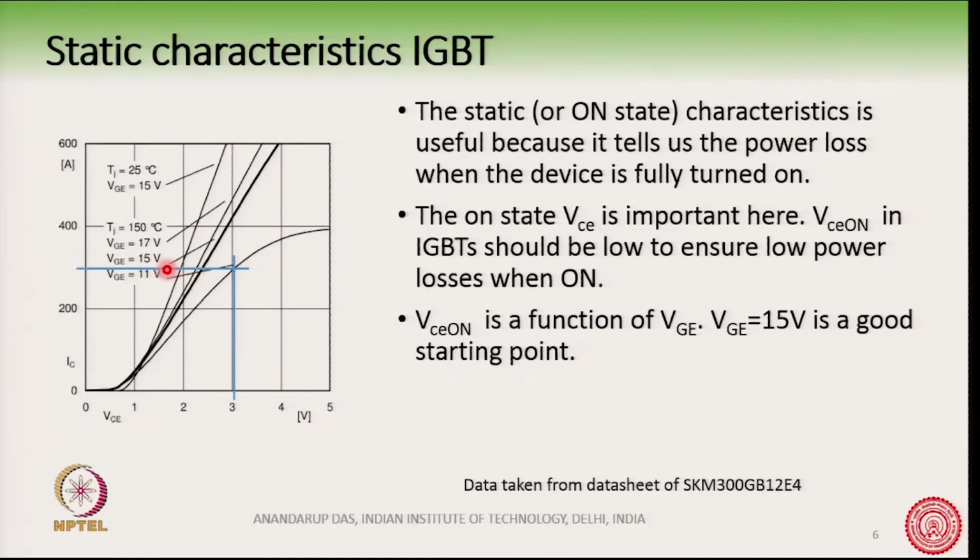But then you will see that a very high value of VGE will, during the short circuit condition of the IGBT, make the current through the collector emitter very high, okay. So, there is therefore a compromise here.